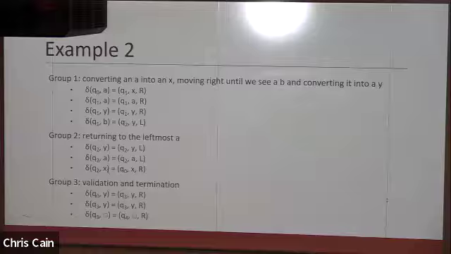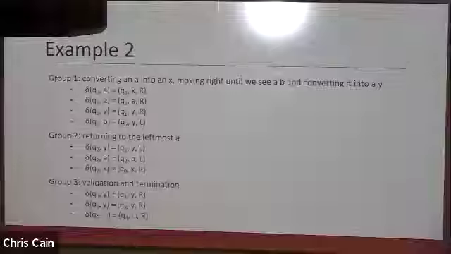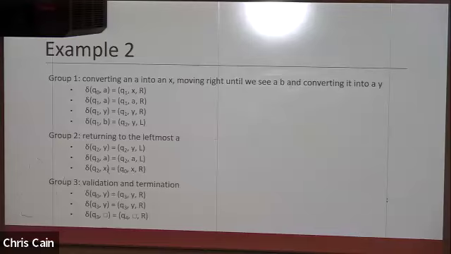So then we switch to a new state, Q3, that is going to validate and terminate. Everything that's left to the right of the marker at this point should be Y's. We're going to move right past all of those Y's, and if we see a blank, that means that we mapped all of the B's and turned them into Y's. So if we see a blank, then we move to an accepting state, Q4, and terminate.